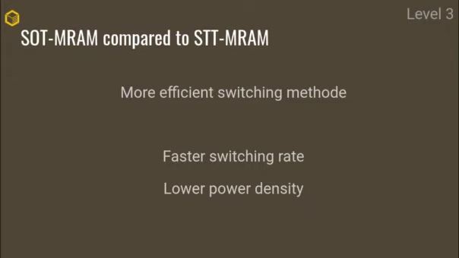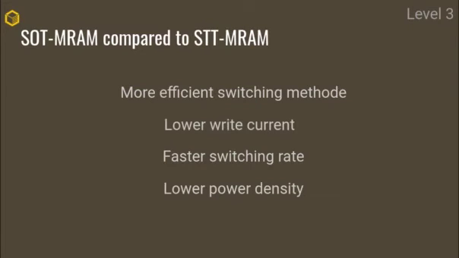Compared to STT-MRAM, SOT-MRAM has been boasted to have a more efficient switching method, and because it's more efficient, it allows for faster switching rates. So basically, faster writing and faster reading, especially faster writing, and lower power density, because I will not need the same amount of electrons going through for a write, thanks to this more efficient switching method changing the polarization of my free layer.